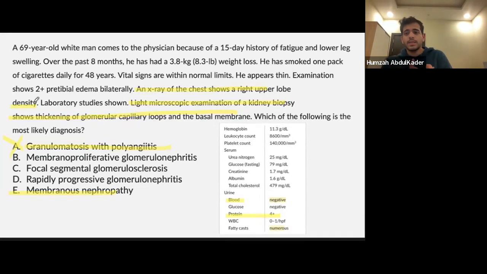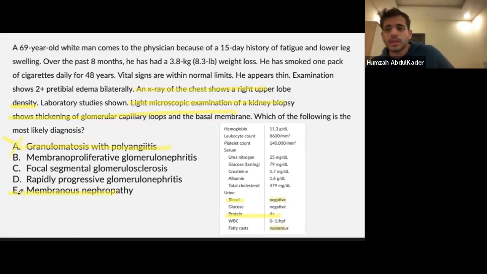Solid tumors, hepatitis B, hepatitis C, SLE, and syphilis. Those are the associations to look for with membranous nephropathy. Based on this association and the light microscopic findings, none of the other answer choices would have really made sense. The only answer choice that makes sense would be E.